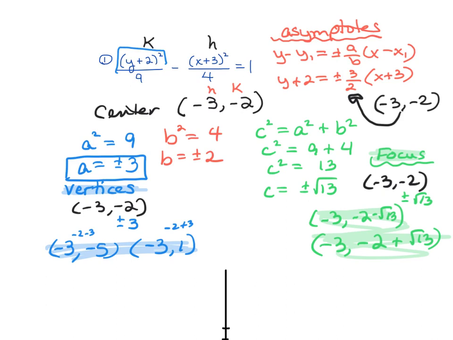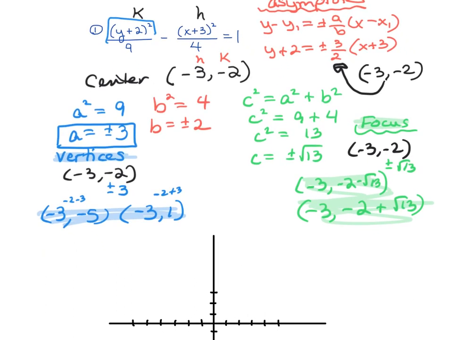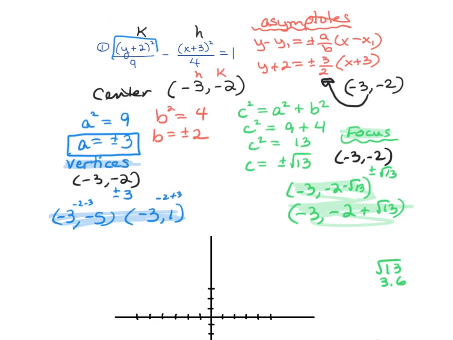Now, let me calculate what the square root of 13 is, just so I can see approximately where I'm going to put these. The square root of 13 is about 3.6, that's rounded.